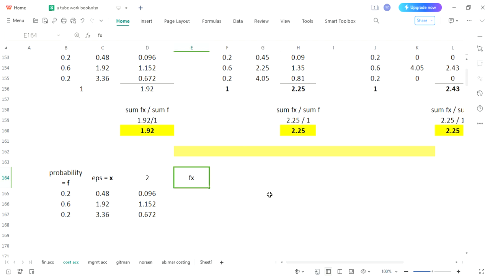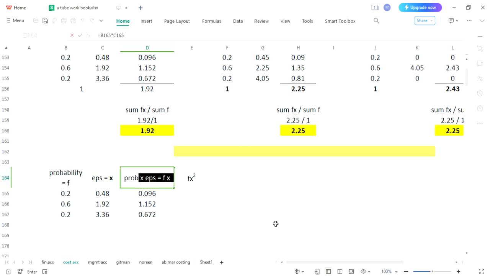Let me see if I can put square. Yes, there is the possibility of superscripting. We need to write it in this way. Next time we will copy it. So fx square would be calculated. Simply here you will multiply probability by EPS, that is fx. Then fx is calculated. Now we will calculate fx square.